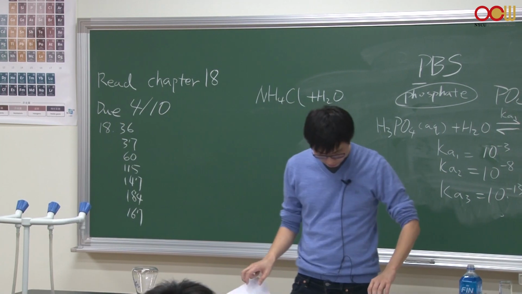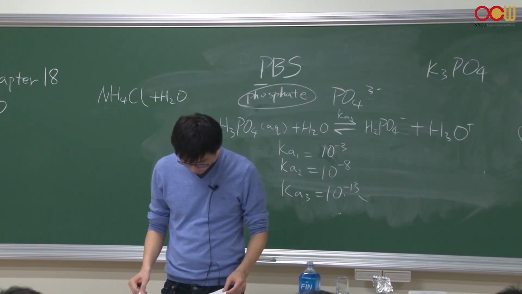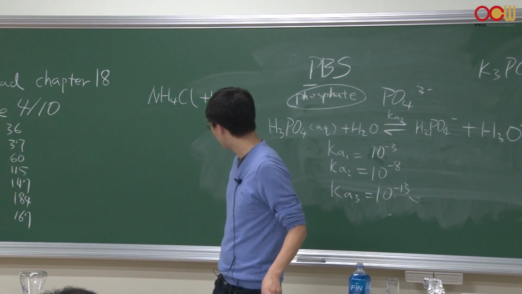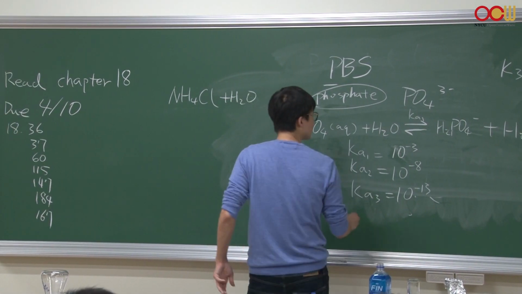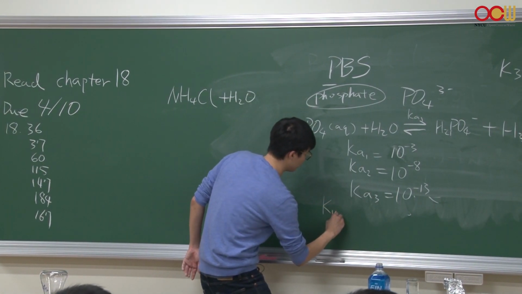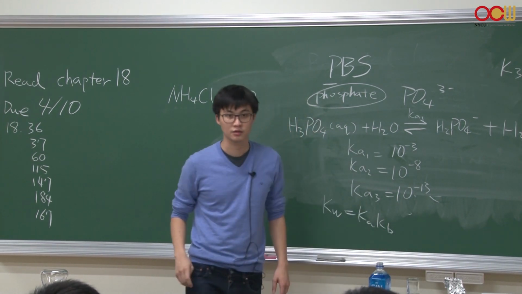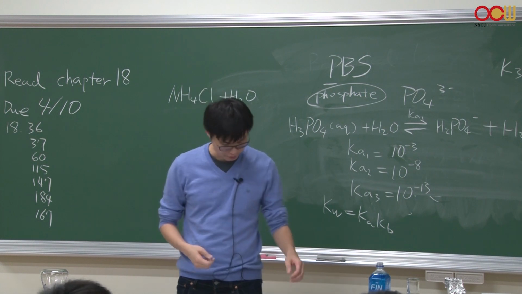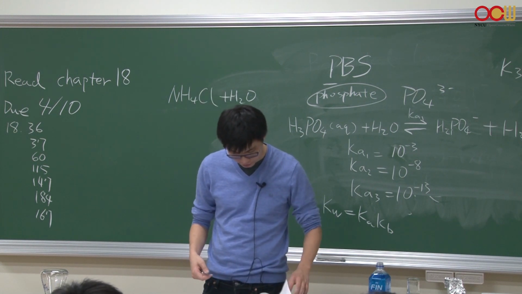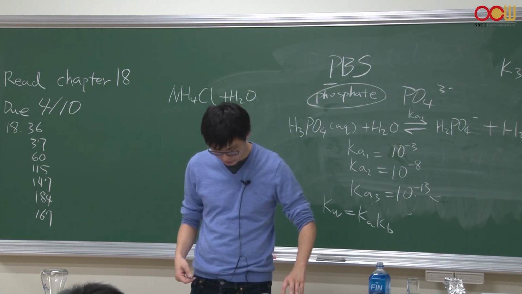I didn't really touch too much on Kb, but we previously talked about how Kw is the product of Ka and Kb. So you can do the simple mathematical manipulation to get what Kb is.